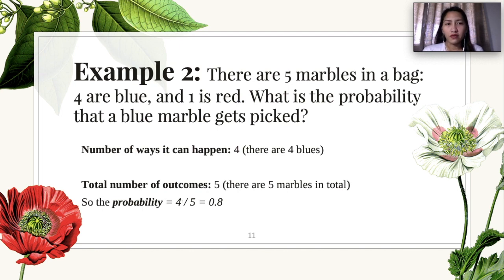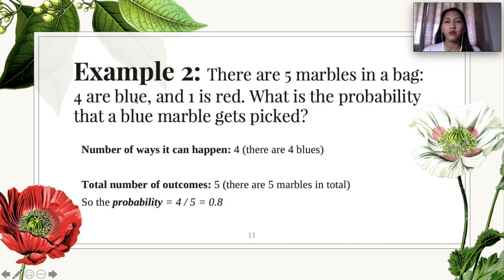There are 5 marbles in a bag. 4 are blue and 1 is red. What is the probability that a blue marble gets picked? The number of ways that it can happen is 4, because there are 4 blues. Remember that we are getting the probability that a blue marble gets picked.